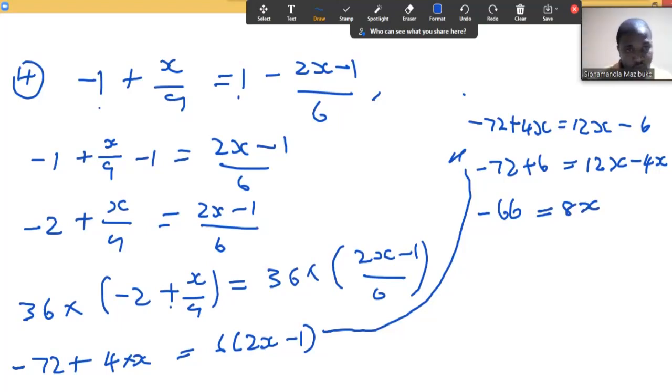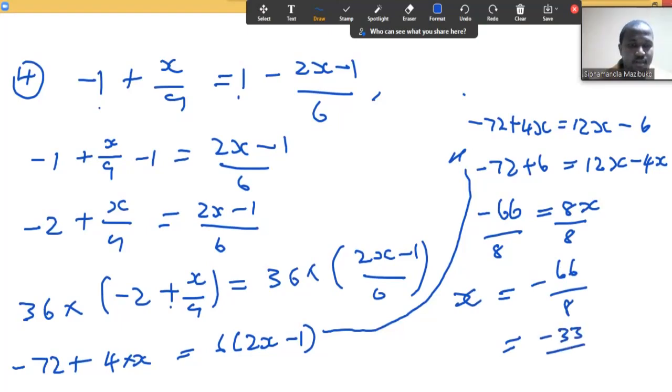From here, we can just divide by 8 on both sides. So we can see that x is the same as minus 66 over 8, which is the same as minus 33 over 4. So that is our x.